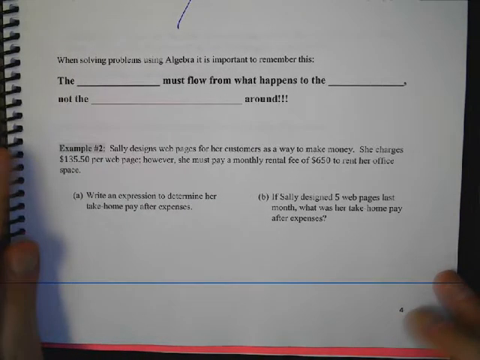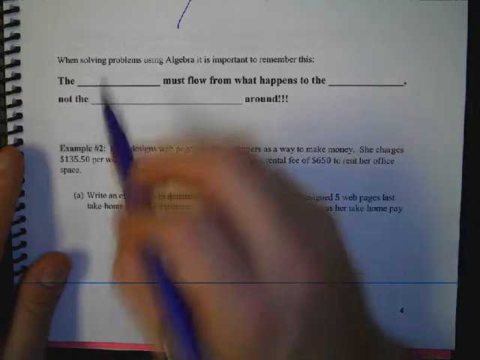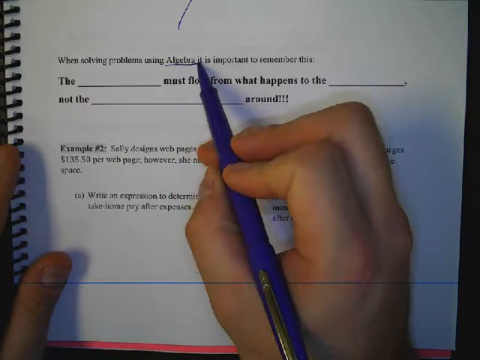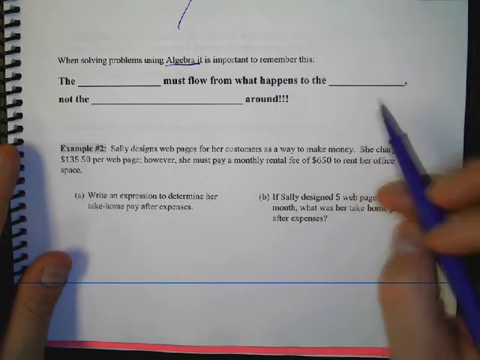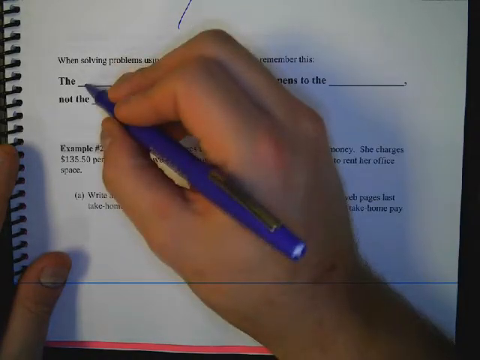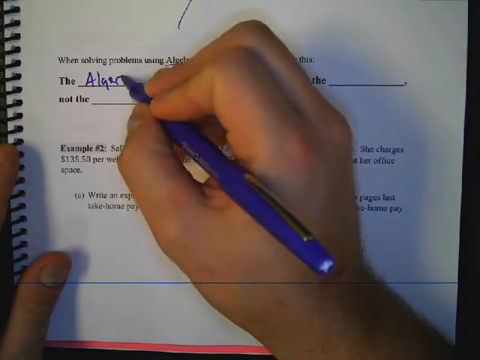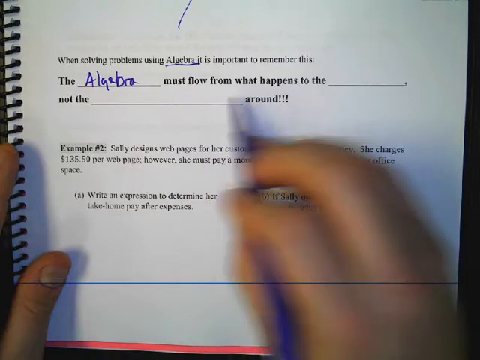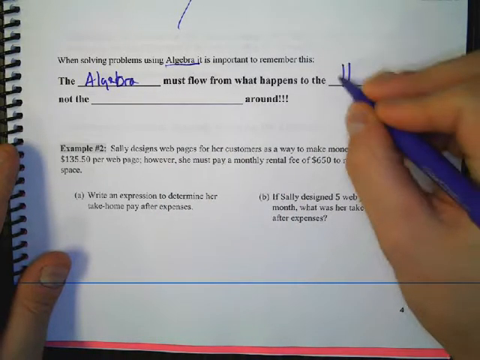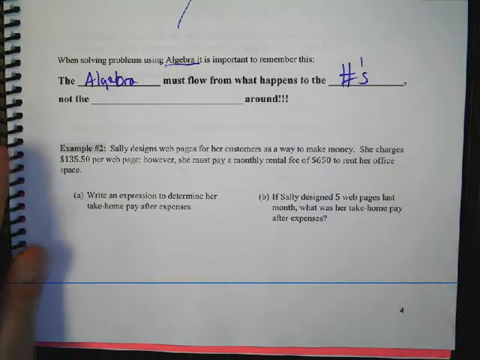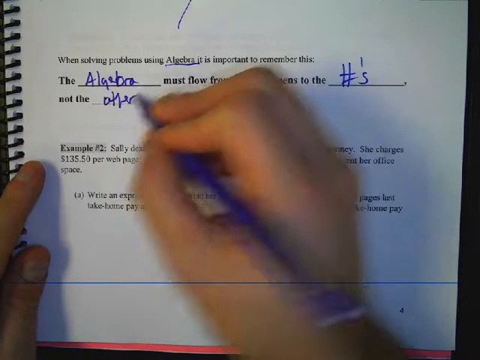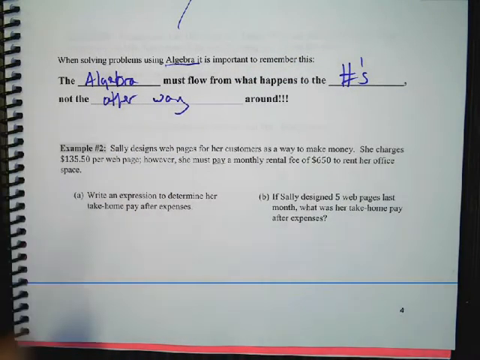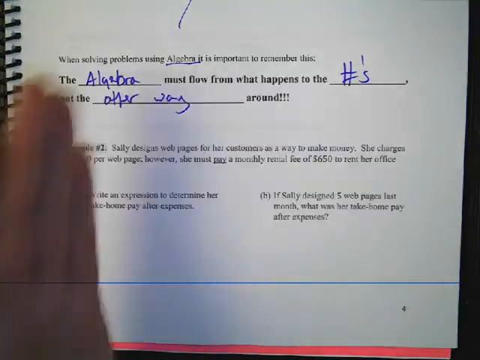Okay, here's something that's very important at the bottom of page 4. When you're solving problems using algebra, it's important to remember this. The algebra must flow from what happens to the numbers, not the other way around. And I think a lot of times where students have trouble in algebra is that they're not understanding what's going on in the problem mathematically.